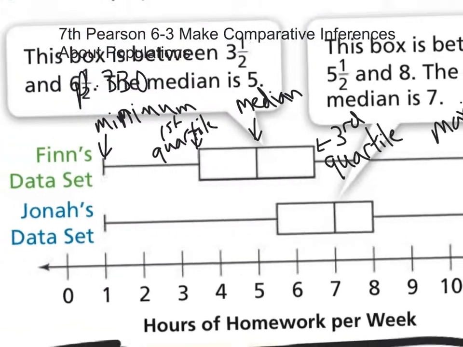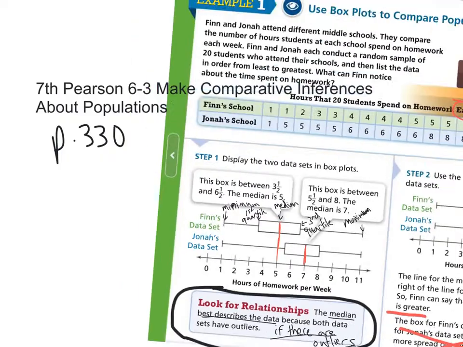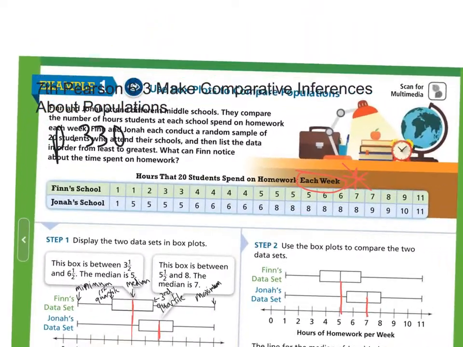The median for Finn's data set we can see is 5, so a median of 5 hours a week. And for Jonah's, the median is 7 hours a week. If you're curious about the outliers, I would say for Jonah's school, definitely an outlier is 1. One hour a week of homework, that's probably not sufficient.